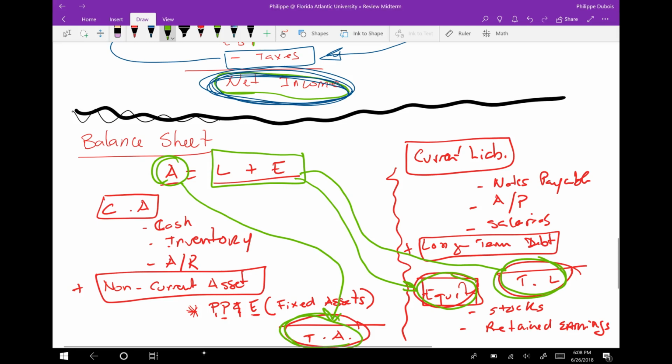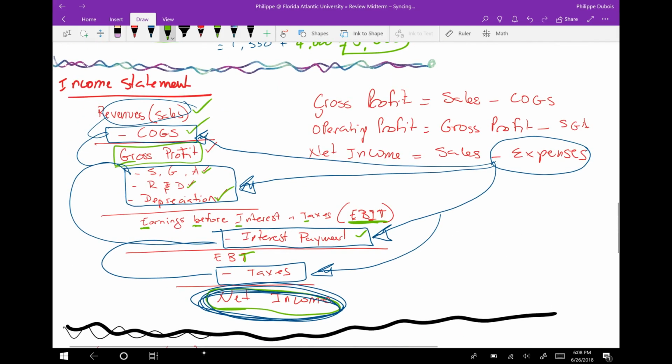Now, when it comes to standardized financial statements, we've spoken about the common size financial statement. Common size income statement is everything as a percentage of revenues, right? So common size income statement expresses every line item as a percentage of sales.